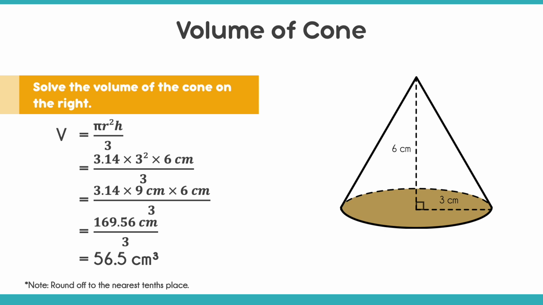The solution should be volume equals pi r squared h over 3, or divided by 3, equals 3.14, which is the value of pi, times 3 squared, or the radius, which is 3 centimeters, multiplied by itself, times 6 centimeters, which is the height, over 3.